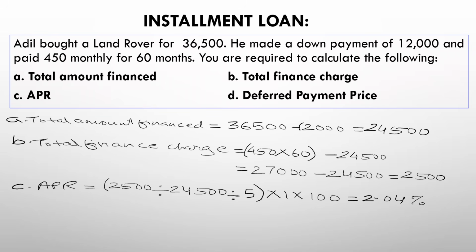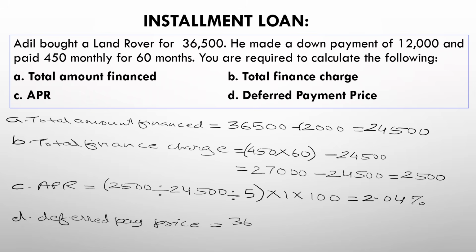Now the last one is deferred payment price. I will write here deferred payment price. Remember, we have done before: purchase price plus finance charges. So how much is the purchase price?